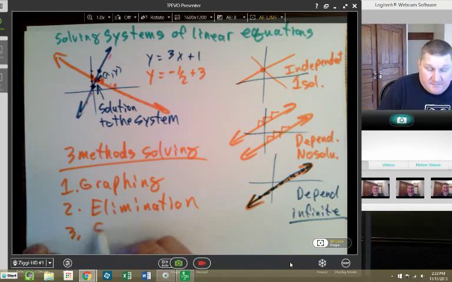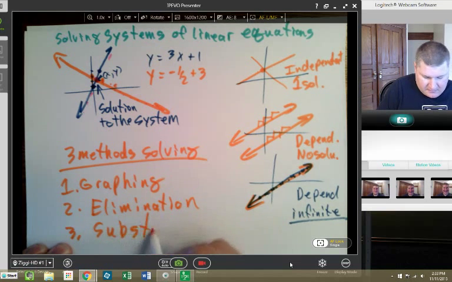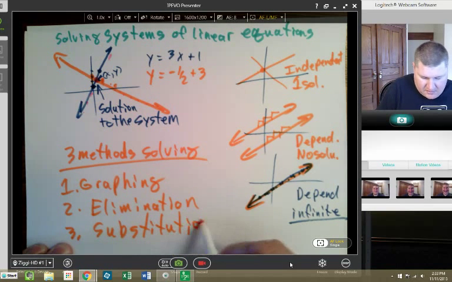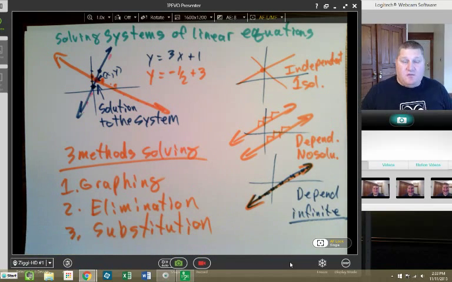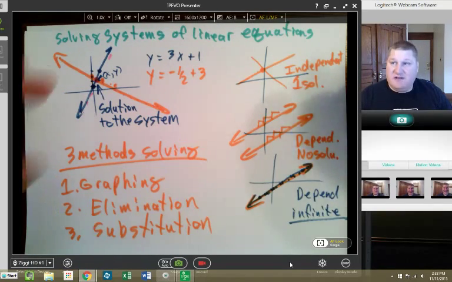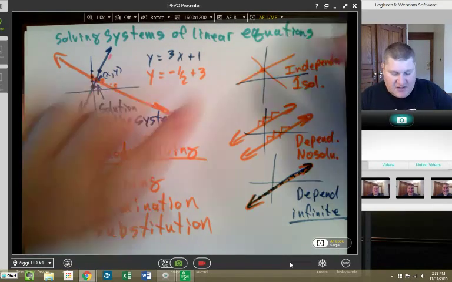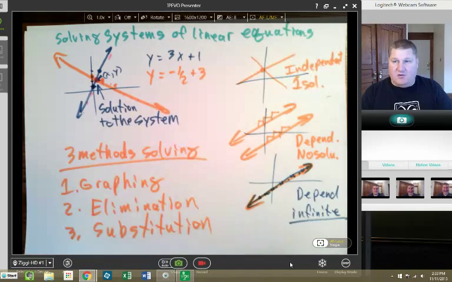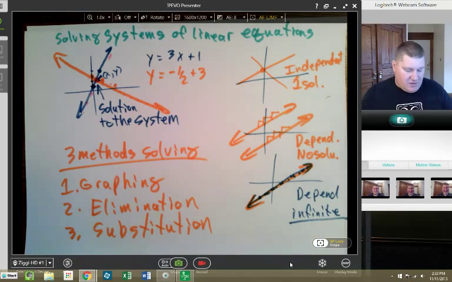And number three, substitution. So to solve a system of linear equations, which is two equations which may either cross, be parallel, or be right on top of each other, we're going to use either graphing, elimination, or substitution. So from there, we'll take a look.